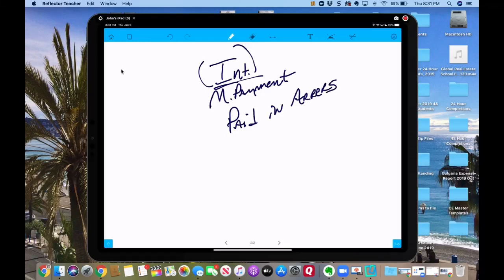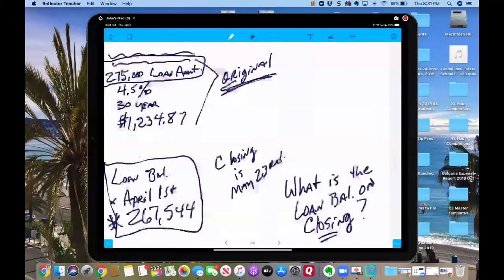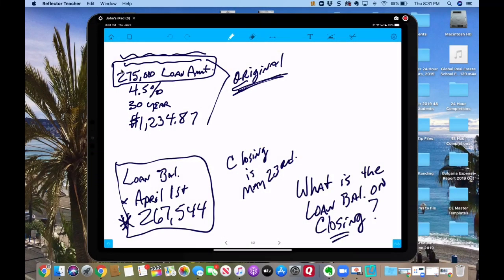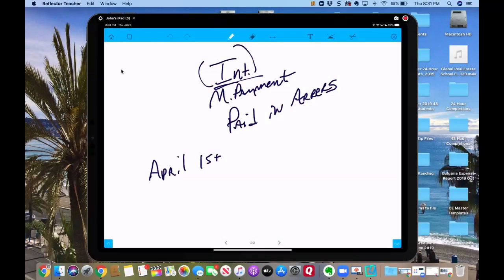I'm a creative speller, so A-R-R-E-A-R-S. That may not be right, but you get it. So the loan balance on April 1st was how much? $267,544. That's the loan balance on April 1st.